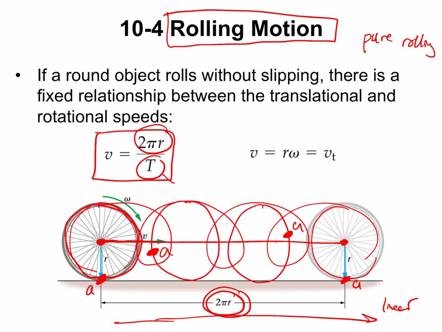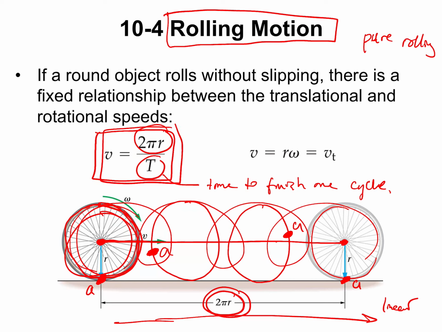The time is the period, the time to finish one complete circle. So the wheel rotates one circle, and that's the time. This is your linear speed.